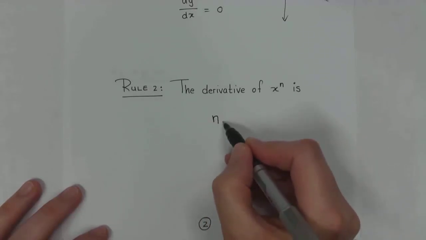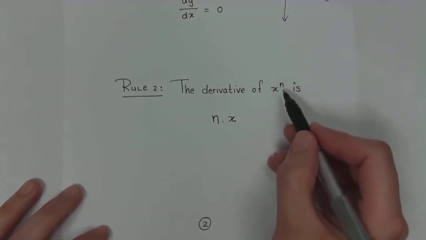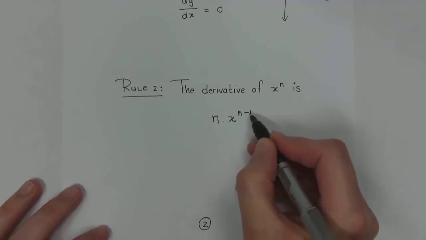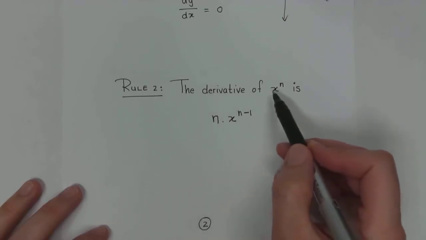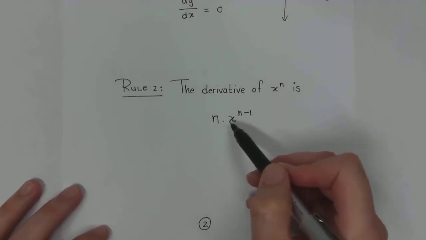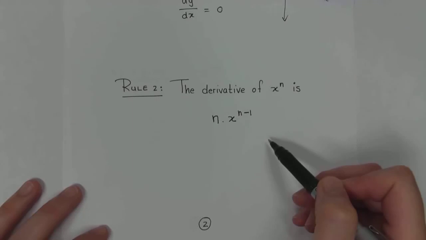And I multiply by x. And then, this is the crucial bit. I take that exponent and I reduce it by 1. I make it 1 less. So, listen again, the derivative of x to the power of n is n times x to the power of n minus 1.